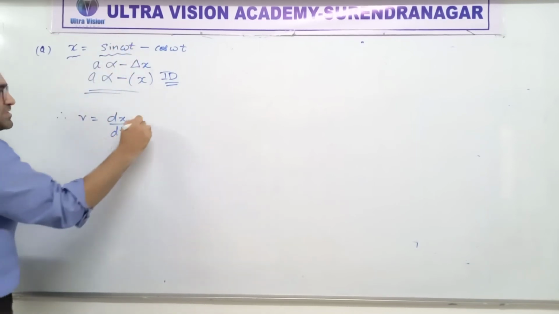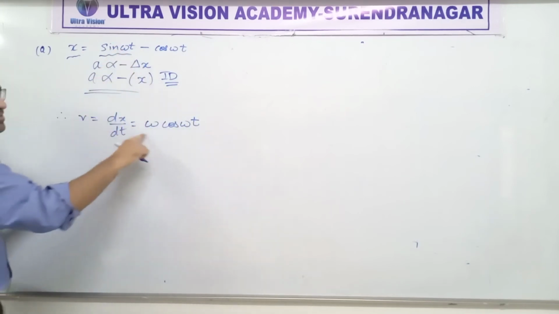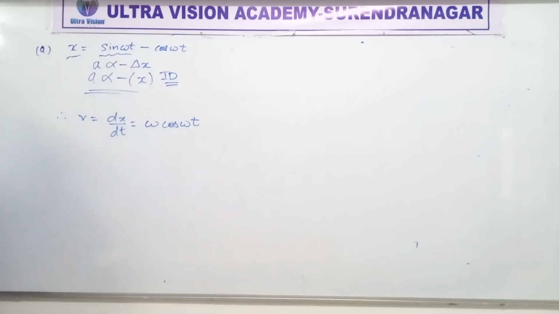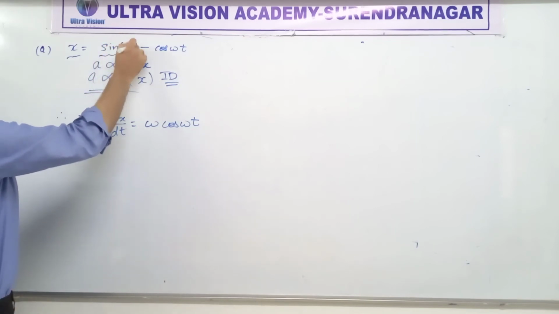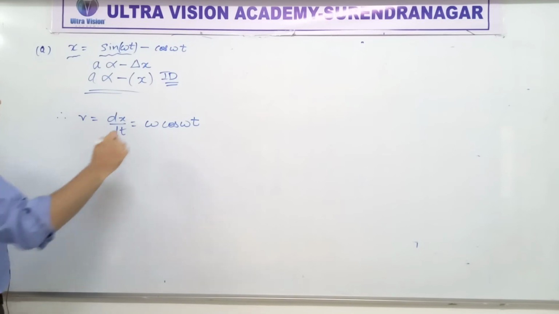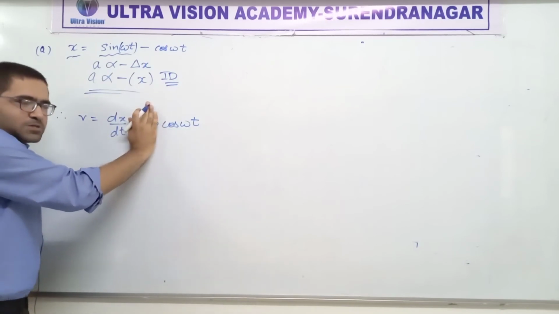sine omega t, which is omega cos omega t. Clear or not clear so far? First term clear? Earlier I did mention that if you have some variable t and omega is multiplied with it, then when you do differentiation, sine differentiation is cos, no big deal.